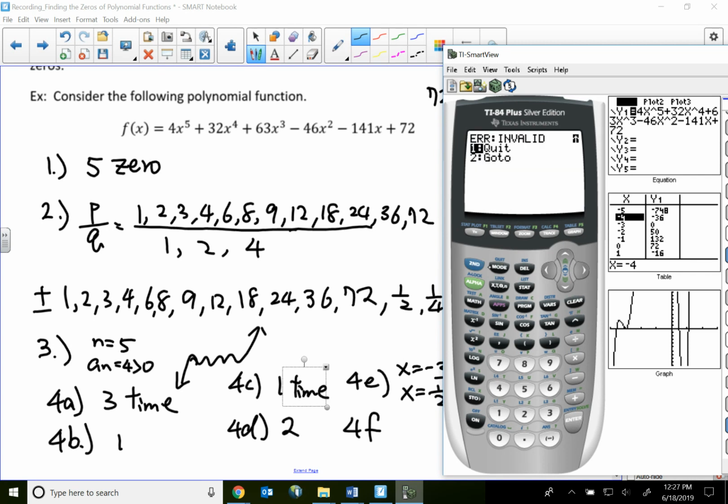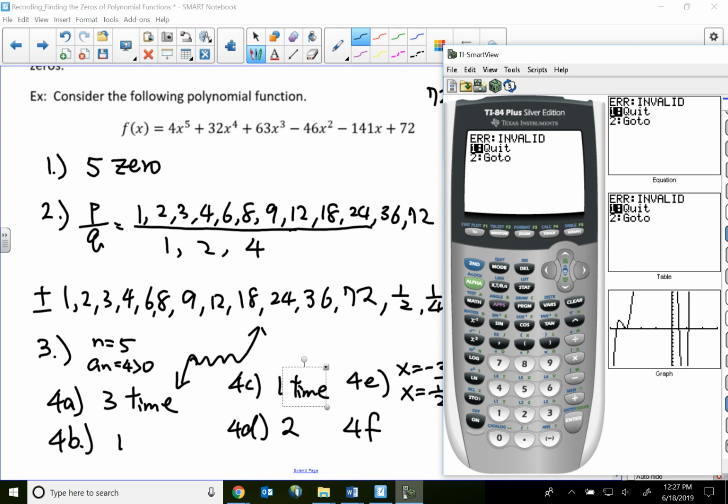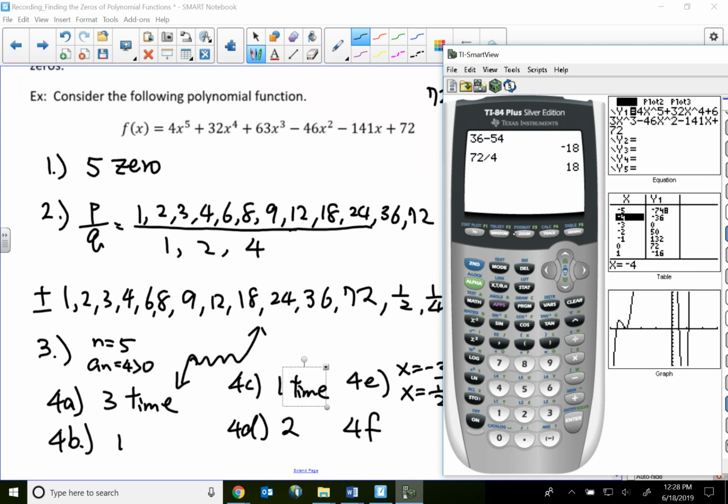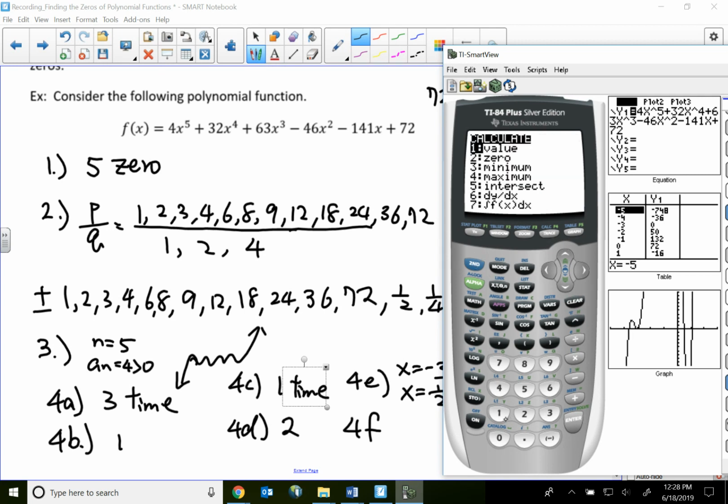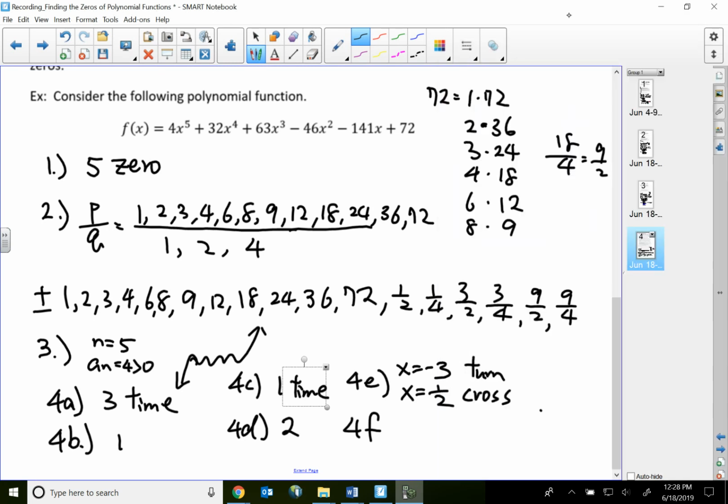Nah. Let me get my window up. -5 to 3. All right, so let's try again. -9/4. Nope. -9/2. Nope. Crap.